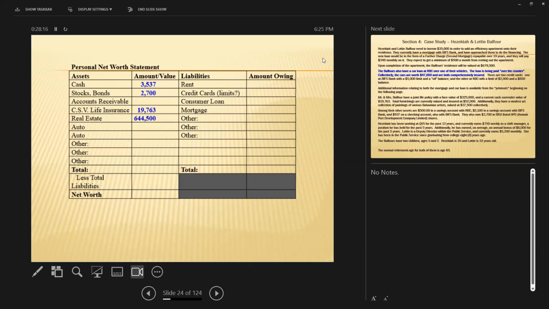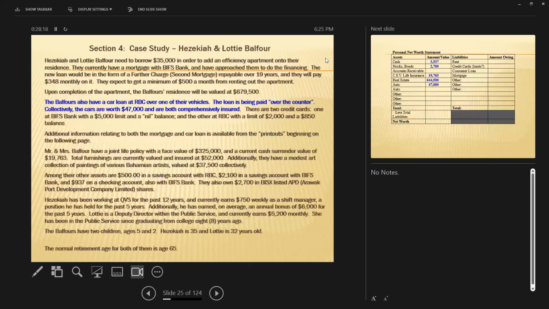It says the cars are worth 47,000. Okay. So that third paragraph, the Balfours also have a car loan over one of their vehicles. The loan is being repaid over the counter. Collectively, the cars are worth 47,000 and are both comprehensively insured.